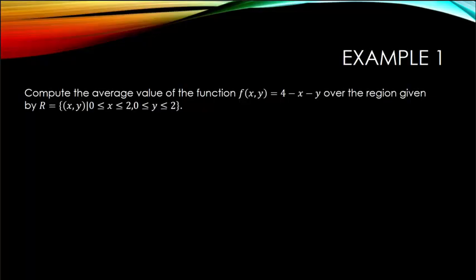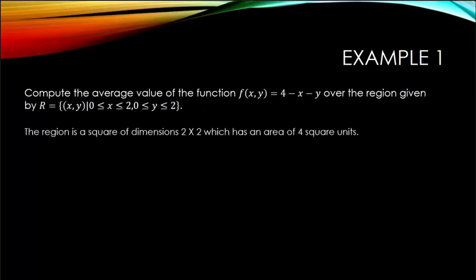I want to compute the average value of the function f of xy is equal to 4 minus x minus y over the region that is given by R is equal to the set of all xy points such that 0 is less than or equal to x, which is less than or equal to 2, and 0 is less than or equal to y, which is less than or equal to 2.